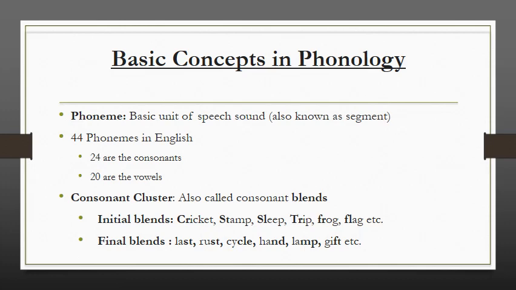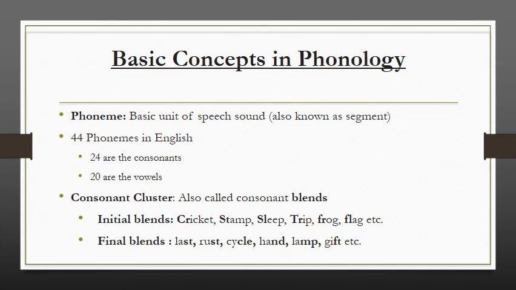For example, if we talk about the initial blends in English, I have mentioned some examples like cricket. The bold segment of this word cricket is CR. Both these consonants are at the initial position of the word cricket, and they just go side by side.